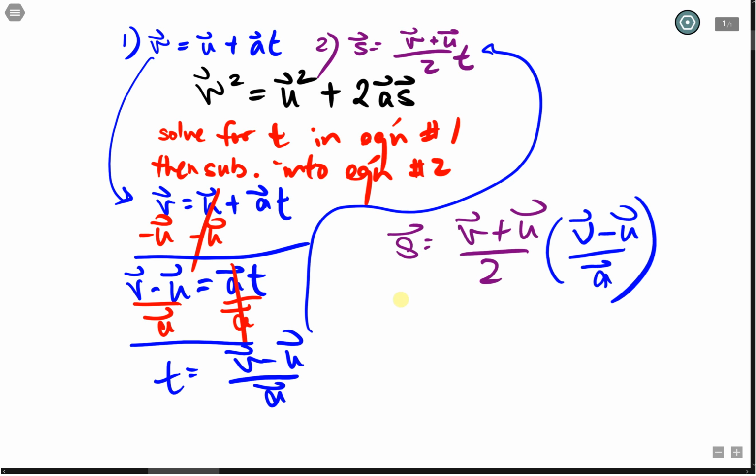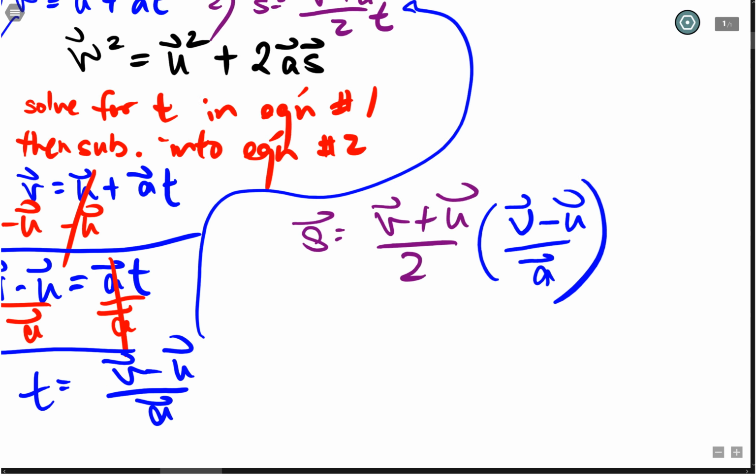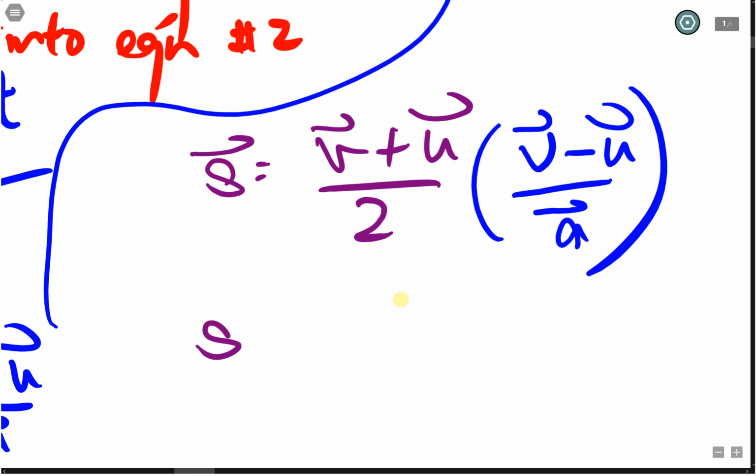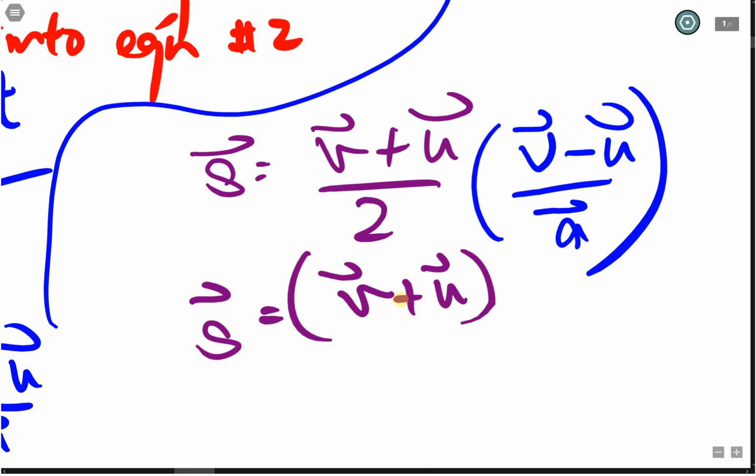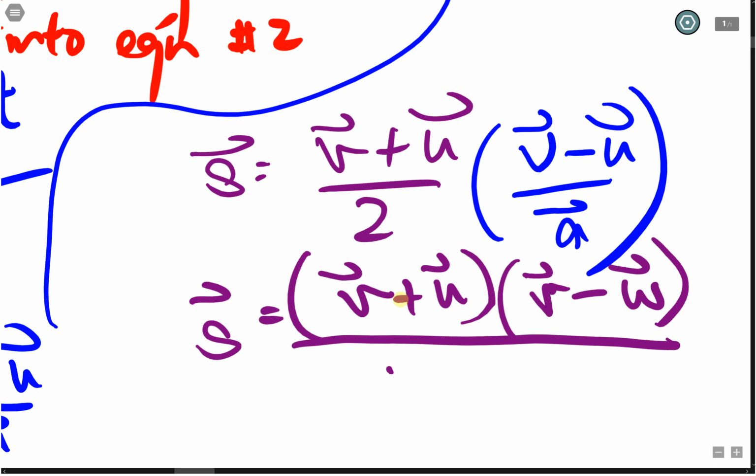If I simplify this, I will be left with s is equal to v plus u in brackets, and I'm going to put the top in brackets as well, which is v minus u in brackets, divided by 2 on the bottom as well as a.